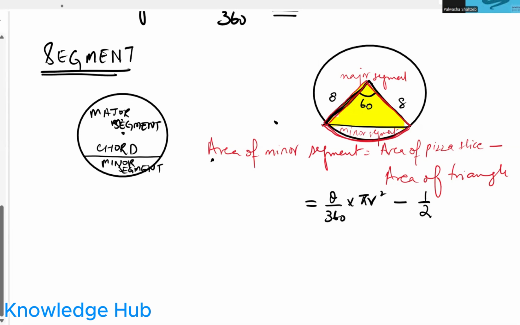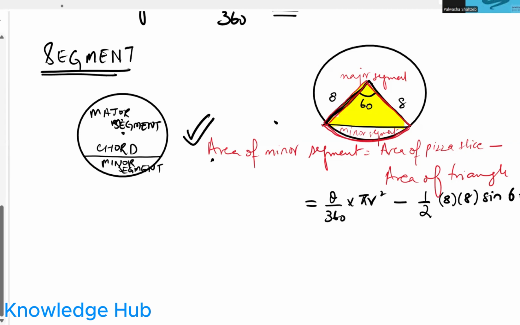So half times 8 times 8 times sine of 60. In this way, we can get the area of a minor segment, right? Let's just discuss it once again. Area of a minor segment would be area of this pizza slice minus area of a triangle.